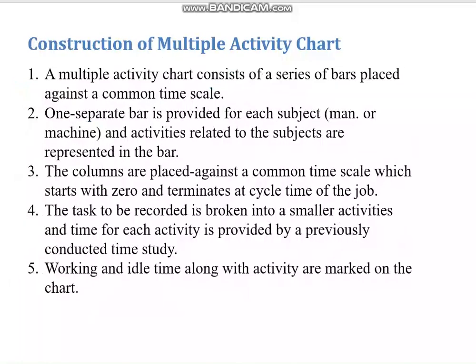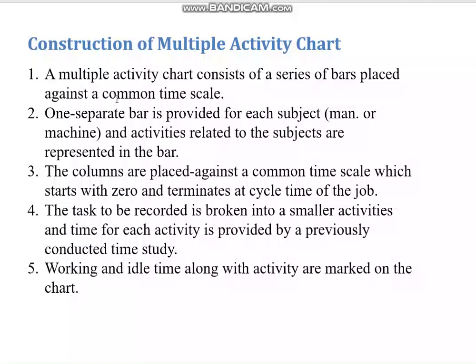Now let us come to the construction of the multiple activity chart. A multiple activity chart consists of a series of bars placed against a common time scale. When you are recording with a stopwatch, that means even seconds you are recording, so a time scale should be there.